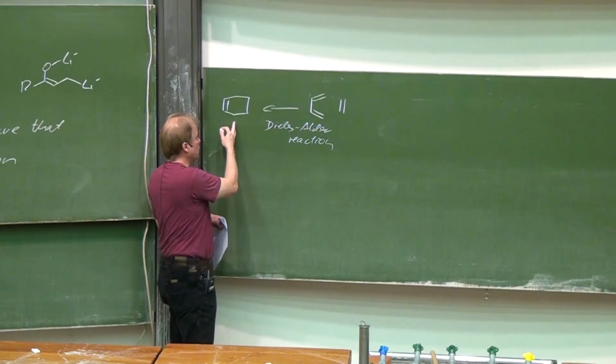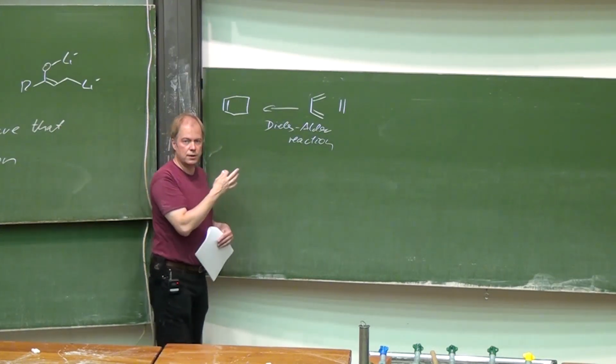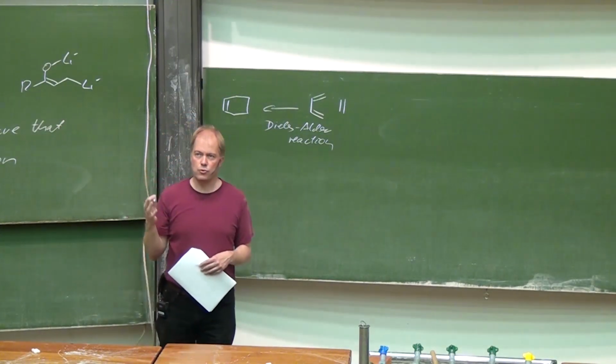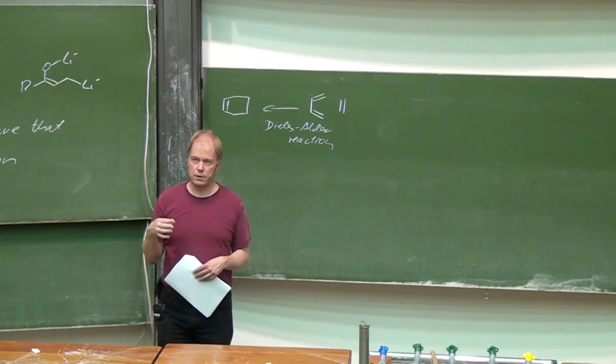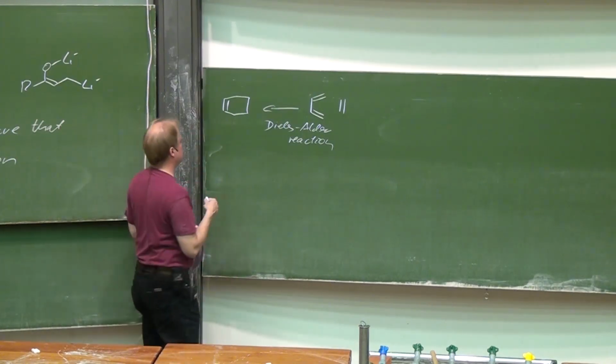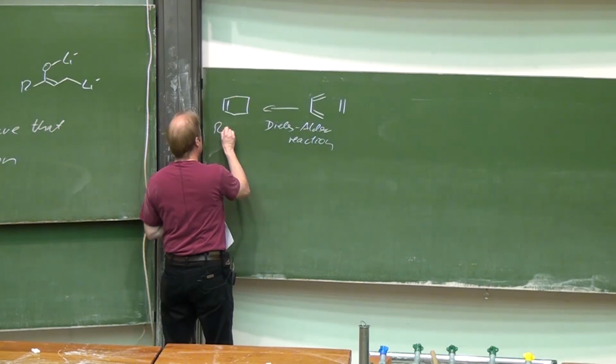This cyclohexene moiety is the retron of a Diels-Alder reaction.